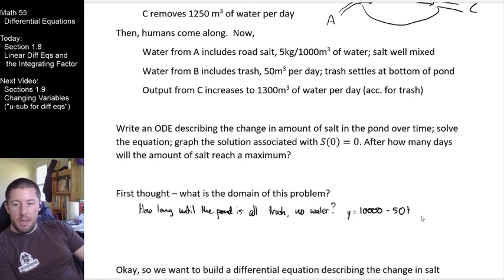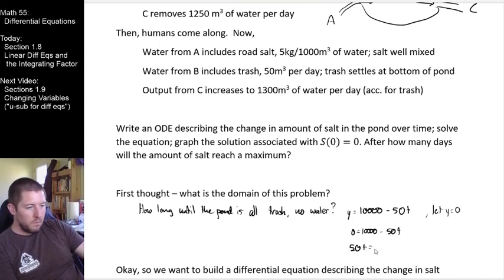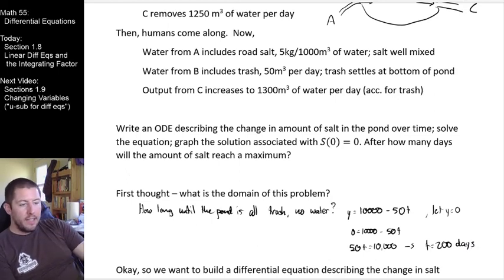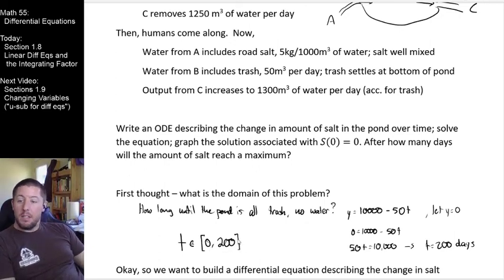And my question would be, where is this going to hit the value of y equals 0? So, one thing to recognize is that our domain for this problem is it doesn't even make sense to talk about there being salt in the pond beyond 200 days.